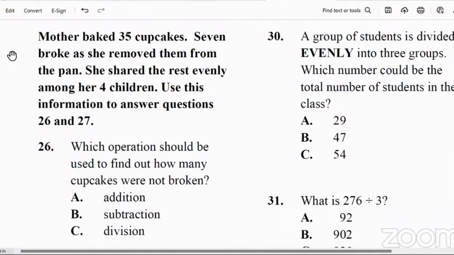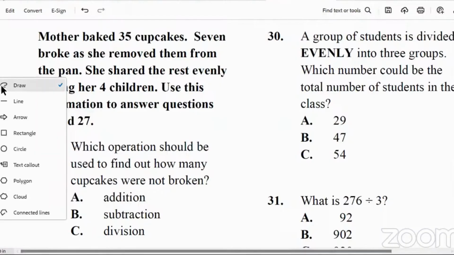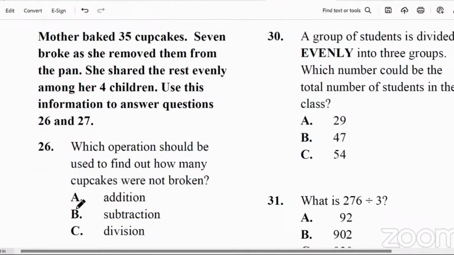So what we would have to do is subtract the cupcakes that were broken from the total cupcakes, and that would give us the remainder. So the answer for question 26 would be subtraction. 35 minus 7. That would give us the answer.